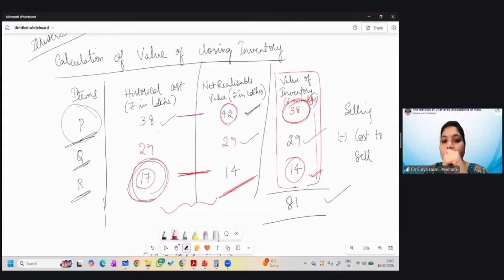Wait, ma'am, I have received in the chat box: how is freight inward different from direct expenses? Freight inwards is coming under your direct expense. Direct expense is just a heading, like a category. In direct expense, you will have a lot of other expenses. Freight inwards is one of them.